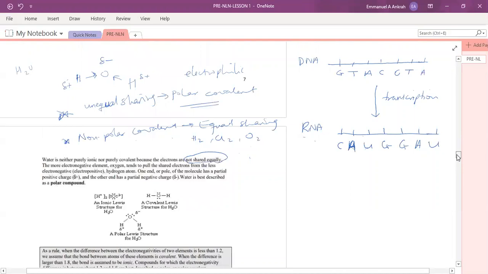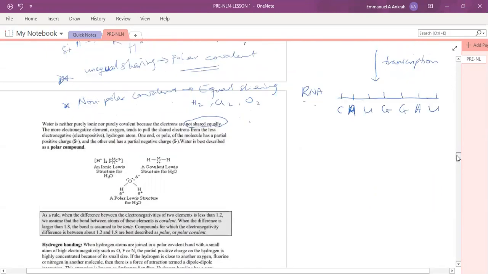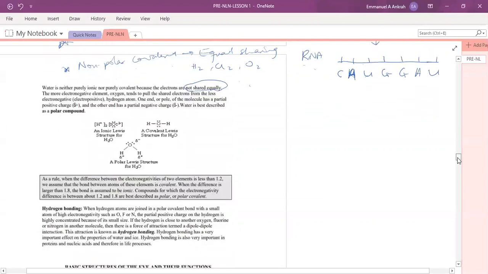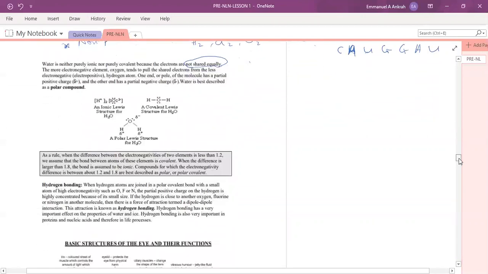Those on the far right are more electronegative than those on the left side. So that's how you can identify an electron-loving group. Far right, they pull electrons from those on the left side.